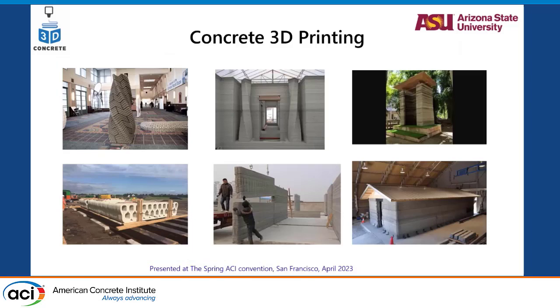There are plenty of different methods of printing, such as powder bed fusion, but the method that we have in concrete 3D printing is layer-wise extrusion, where individual filaments are extruded side by side and on top of each other to create a whole structure.